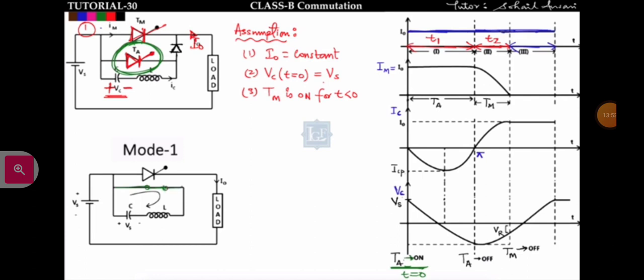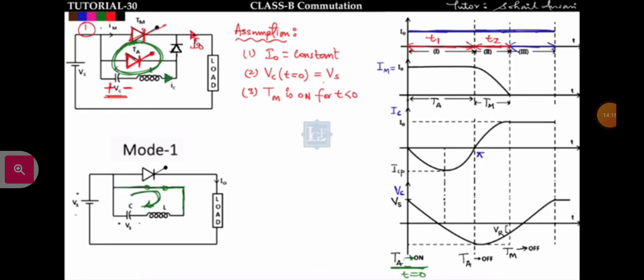This is mode 1, and this capacitor will discharge like this, and the current flowing in this LC circuit will be like this. Now see here, the capacitor current, the direction, the actual direction is from left to right. But I have assumed that the capacitor current is flowing like this.